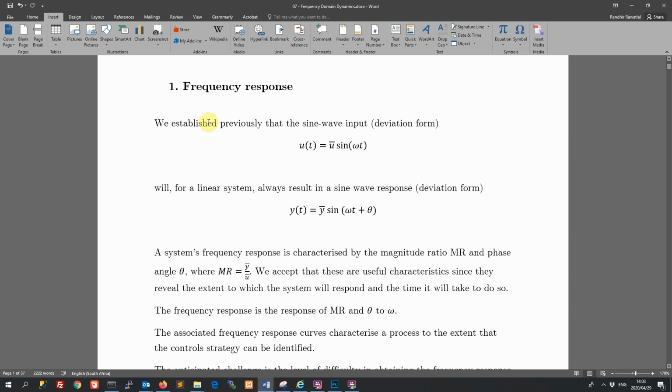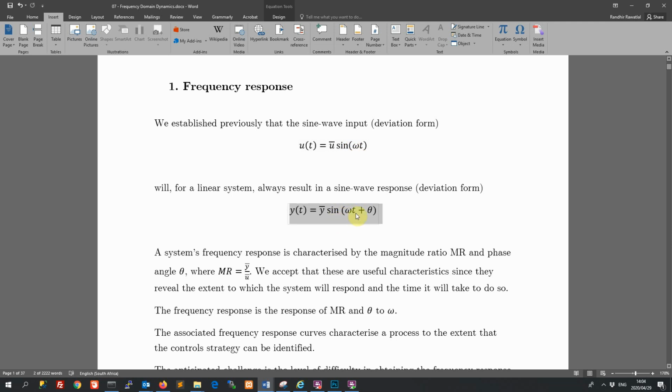First off, in terms of our frequency response, we had noted earlier that if we apply a sine wave at the inlet point to our process, or as the manipulated variable time function, then we would observe in our output variable also a sine wave in a linear process, that is. So in a linear process, if we put a sine wave in, we'll get a sine wave out.